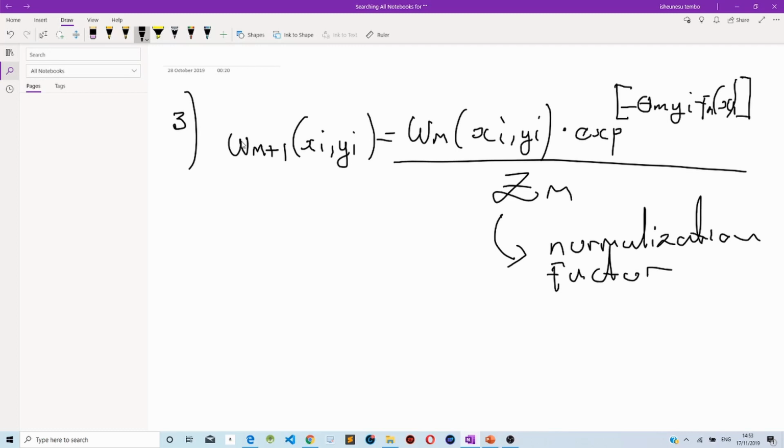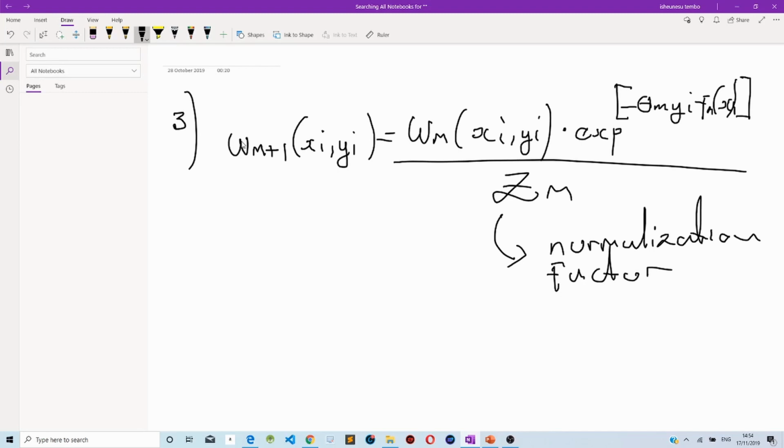Thus, misclassified cases will be updated with larger weights after the iteration. The same logic applies to a negative weighted classifier, the only difference being that correctly classified samples will be updated with larger weights. So it's just an inverse.